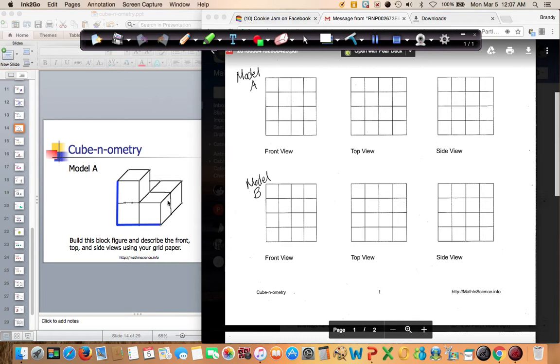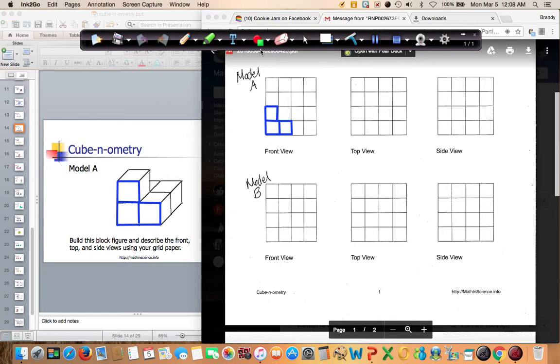I have no idea how far back it goes if I'm just standing on the street looking at the front of a building. But I know I have 2 blocks high and 2 blocks this way. So when I come over here, I'm going to build the exact same thing. 2 blocks high and 2 blocks over.